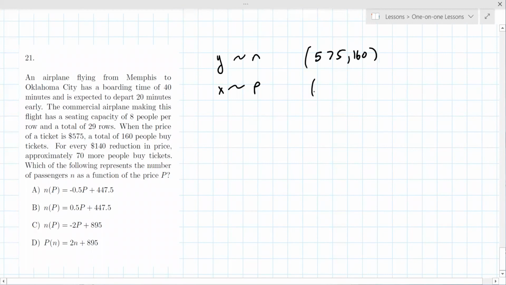Okay. And the other ordered pair is 435, comma 230. Right. Okay. And find the slope. So it's y2, so 230, 435.